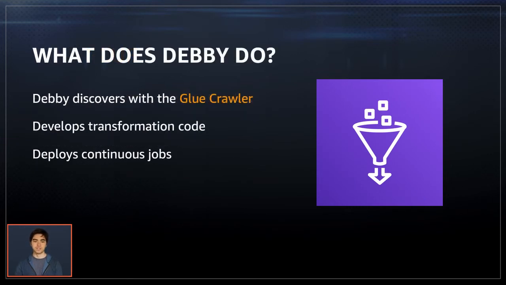So how does she actually do this? Well, she runs a Glue crawler on her S3 bucket, which discovers her data and recommends a schema to put on top of it. Then she develops transformation code by taking the recommendations generated by Glue and tweaking them to fit her needs. In this case, an example could be changing both a kills and a death field into a single KD ratio column.